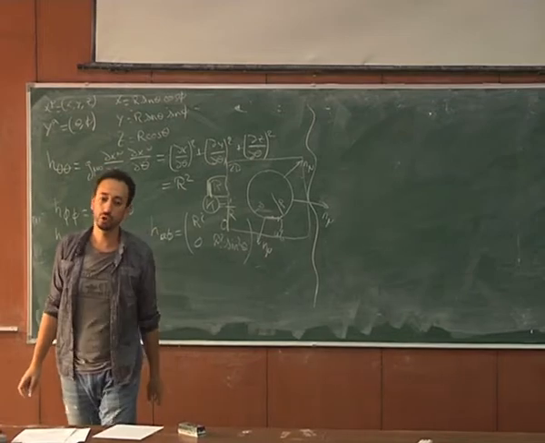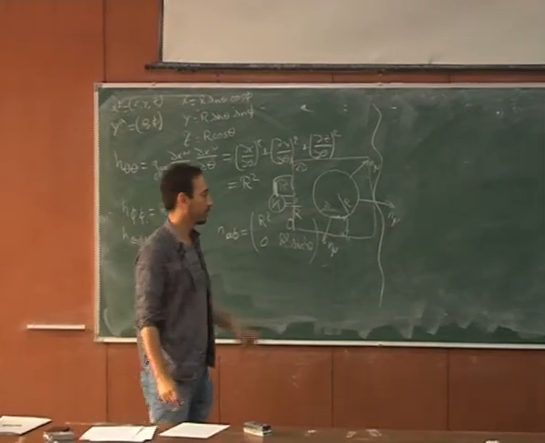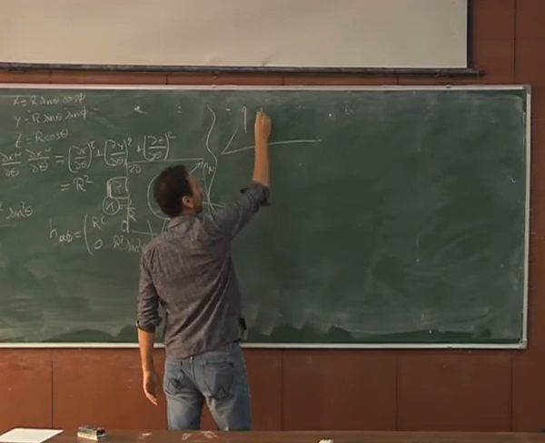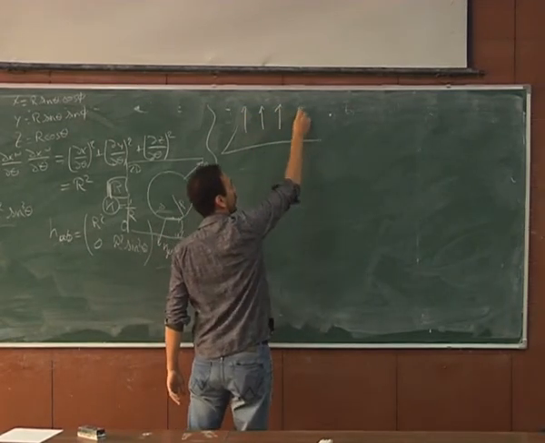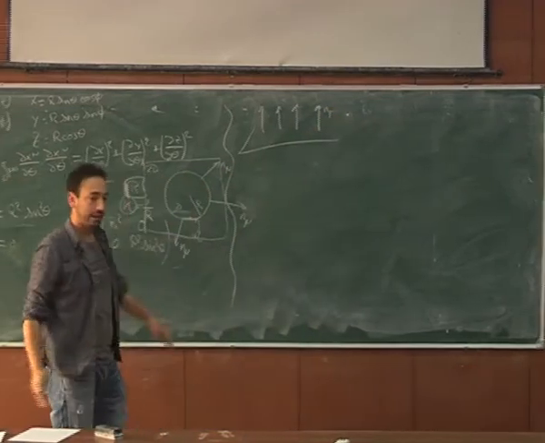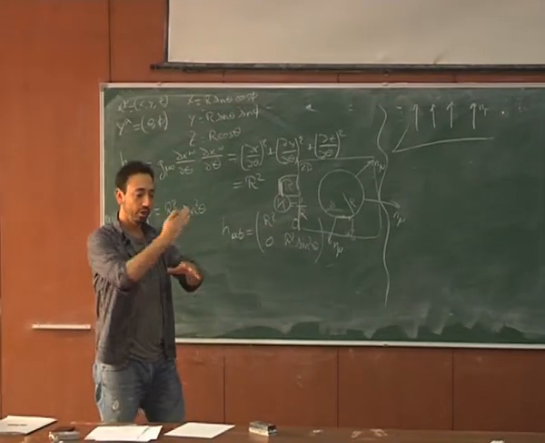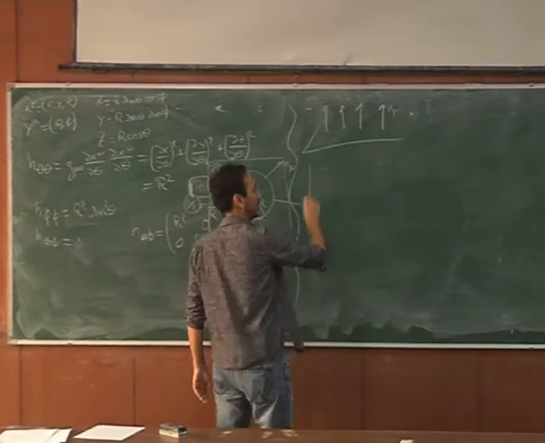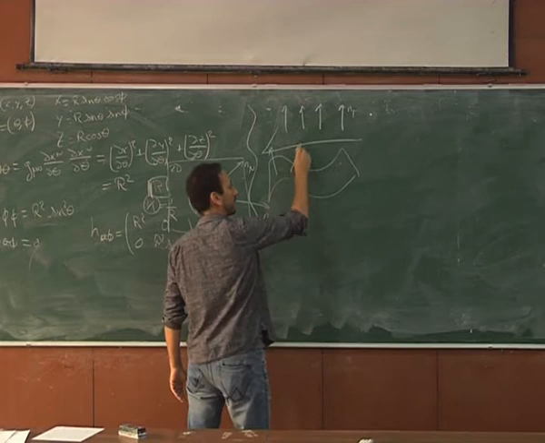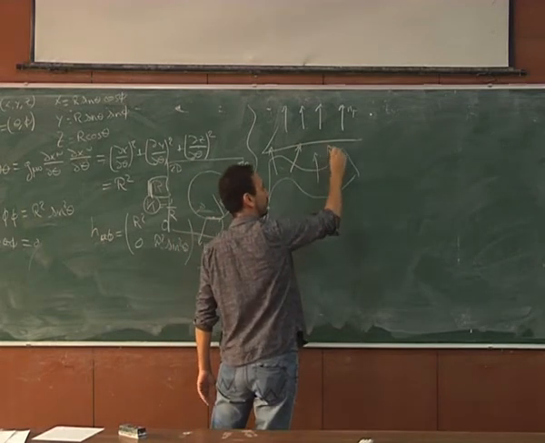That means curvature, extrinsic curvature. If I have something flat, the normal vector never changes direction. So in that case, it's flat. If it has some curvature, like something like this, then my normal vector changes direction.